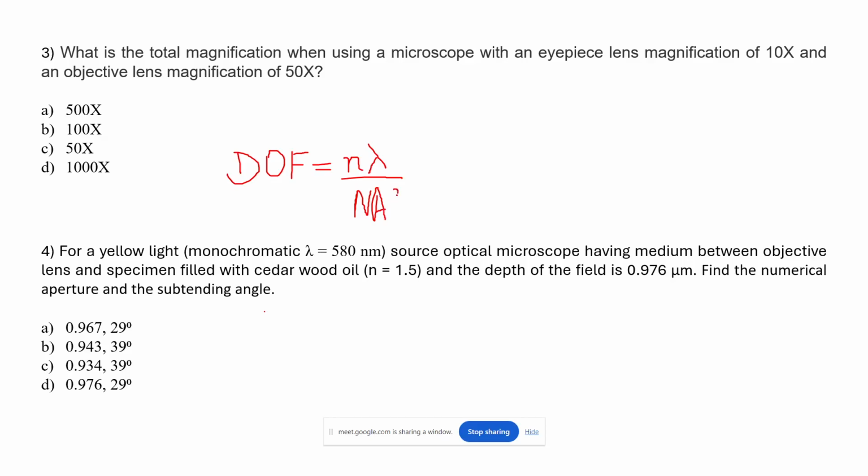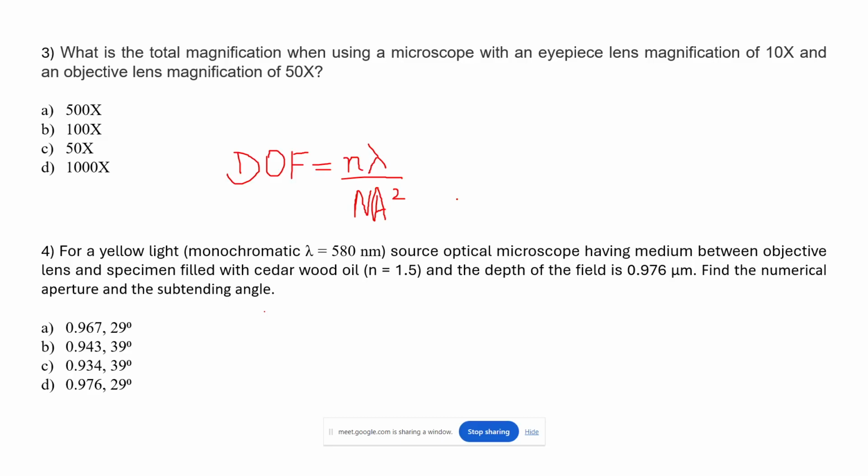So using this formula, the numerical aperture will basically be n into lambda divided by the depth of field, and the whole will be under root. If anybody has calculated this value, let us know. Otherwise we'll calculate that n is 1.5 and the wavelength is given as 580 nanometer.